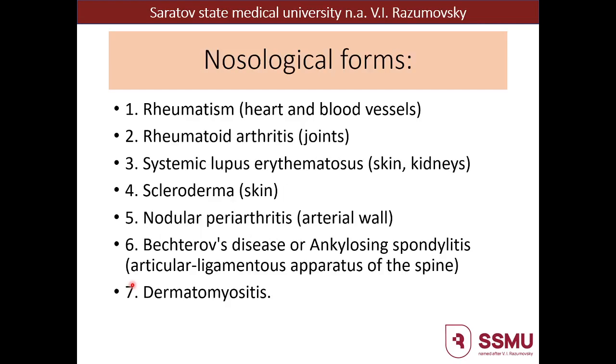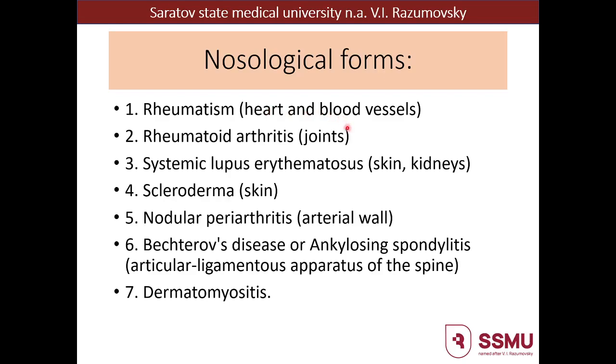As I said, rheumatic diseases are a group of diseases, so we should discuss some nosological forms of this group. First of them is rheumatism, and rheumatism is one of the most important diseases. There are a lot of cases of rheumatism in the population nowadays, and this disease most of all involves the heart and blood vessels.